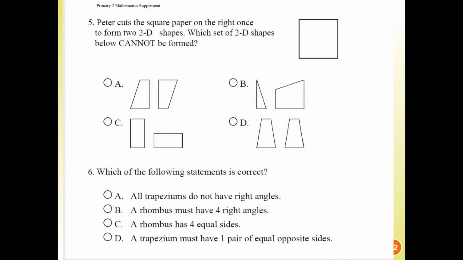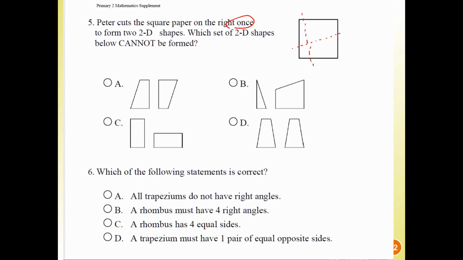This is page 22. Question number 5. Peter cuts the square paper on the right once to form 2 2D shapes. Which set of 2D shapes below cannot be formed? So when you are only allowed to cut the square paper once, that means you can do something like this, or you can do something like this.